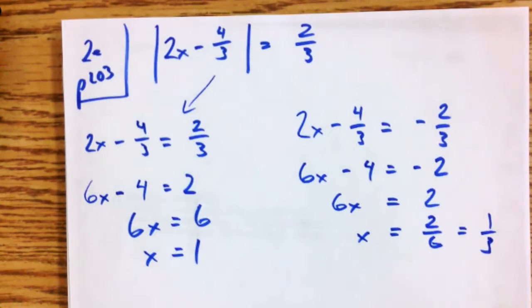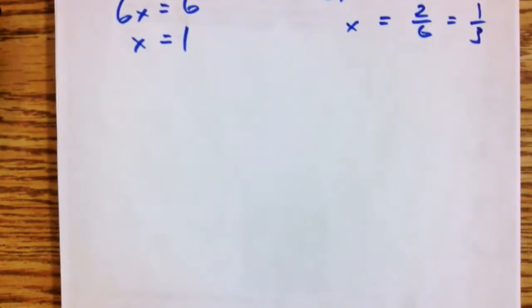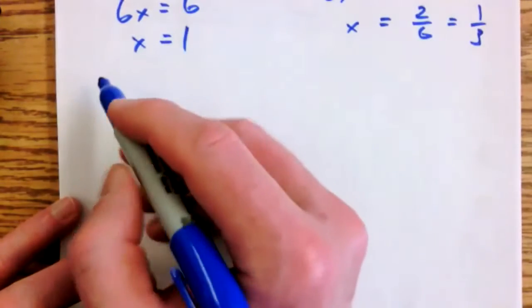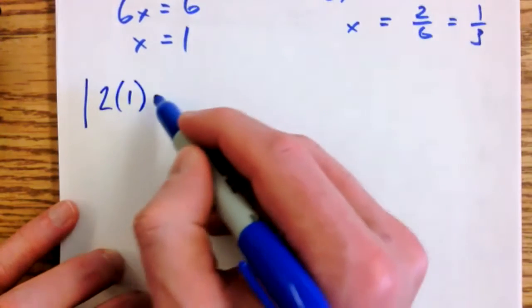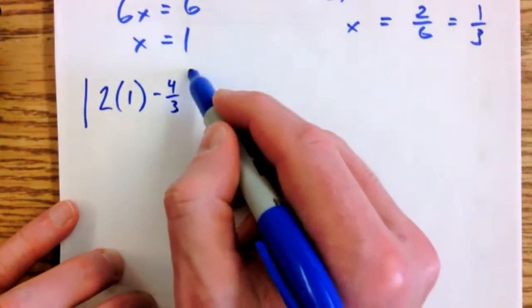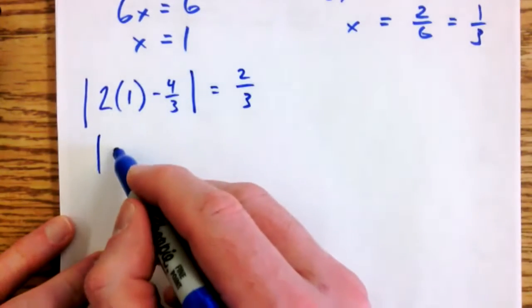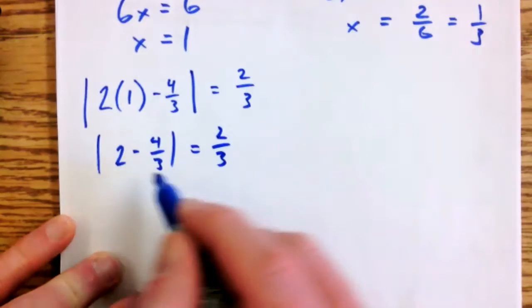But now we got to test them. You want to do that too? Okay. So now to check them, I'll just keep my answers in view. So this is going into 2x minus 4. So this is 2 times 1 minus 4/3 equals 2/3. So this becomes 2 minus 4/3 equals 2/3.